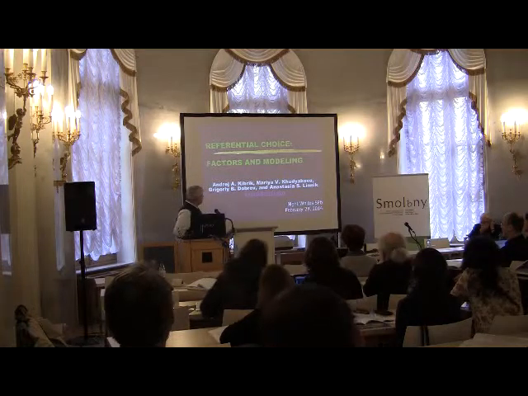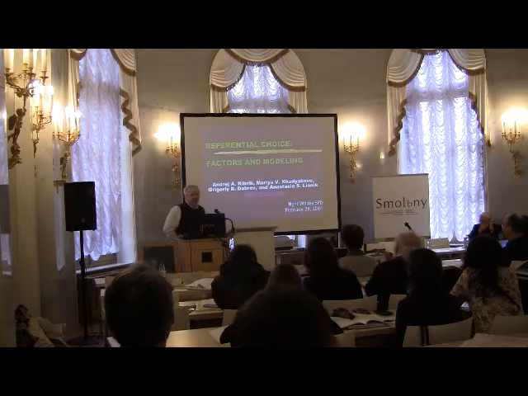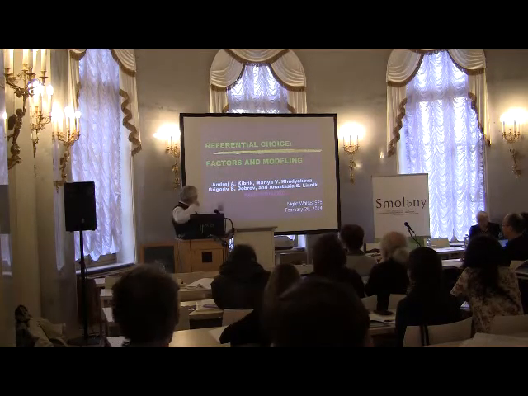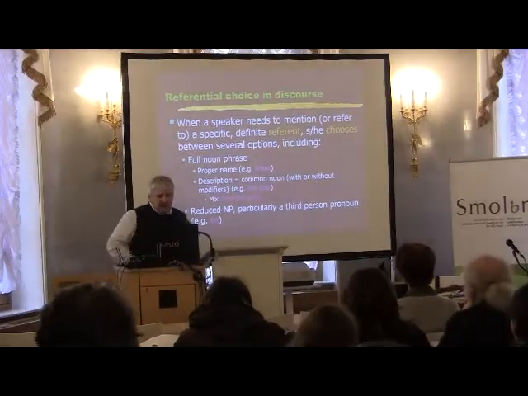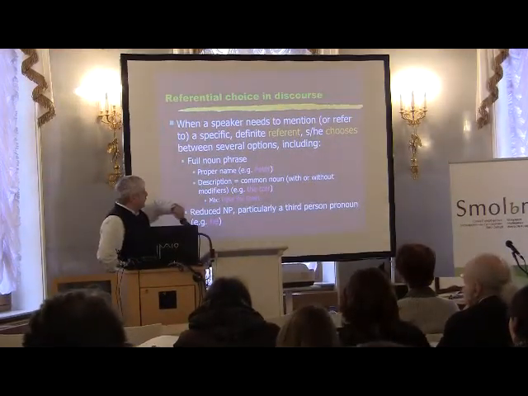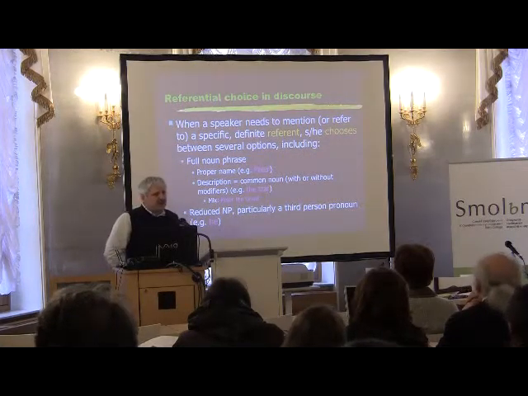So this research is done by a group of people from various Moscow institutions, and actually Anastasia Linnik is now based in Potsdam, Germany. Okay, what we are looking at is the phenomenon we call referential choice, which is a very familiar thing.